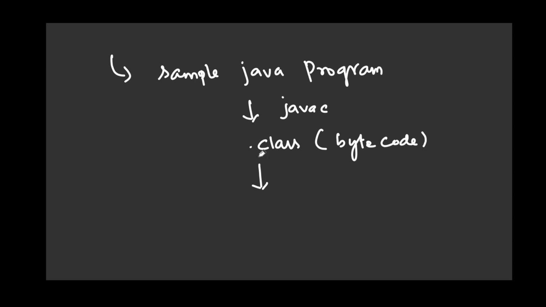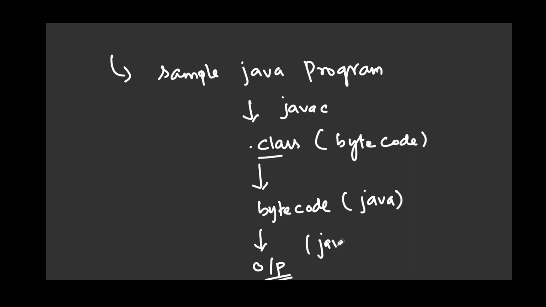After we get this .class file, I'm going to take it to some other location and run the bytecode using the java command. Then we will see what output we are getting. If we are getting output from the bytecode, we can say 100% that Java is platform independent software, right? Fine.